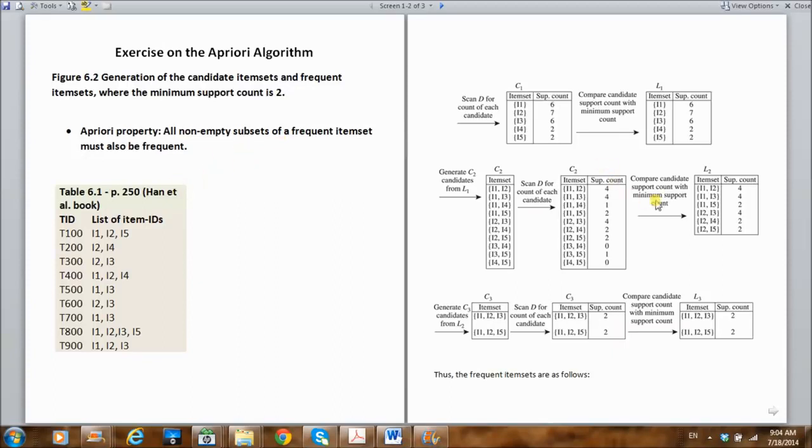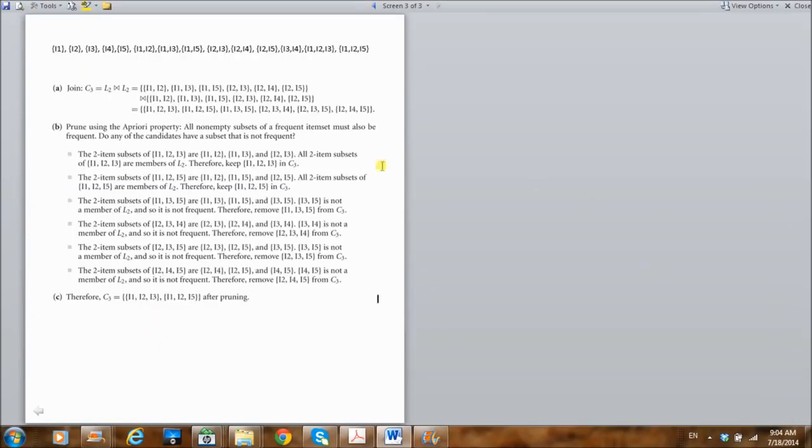To generate 3 item sets, we need to join the 2 item sets. Let's look at the first one: I1, I2 and I1, I3. If you join them, we get the 3 item set I1, I2, I3.